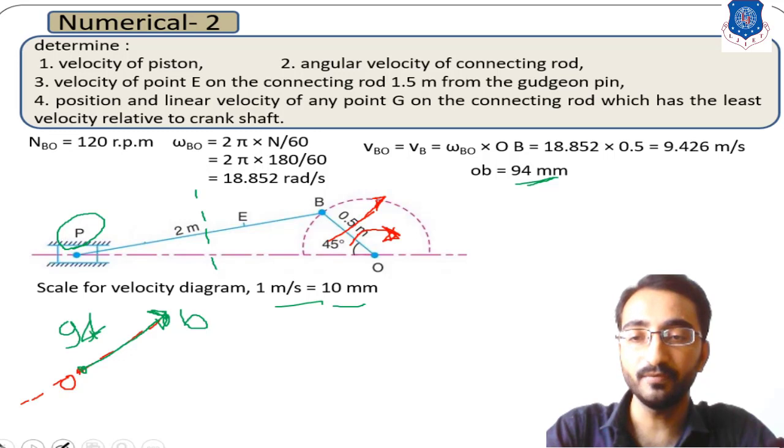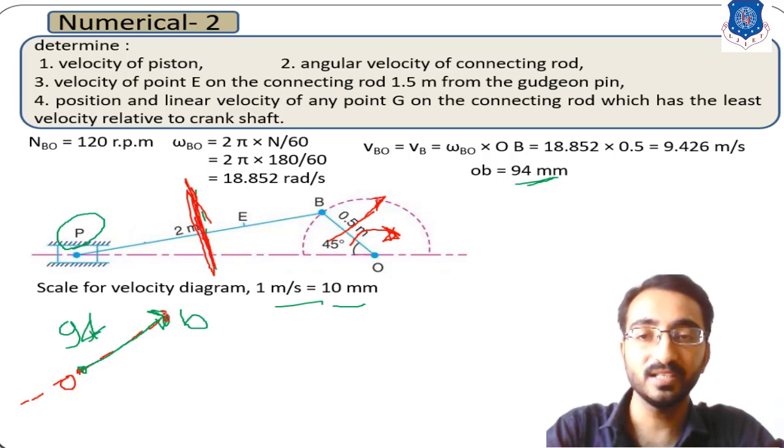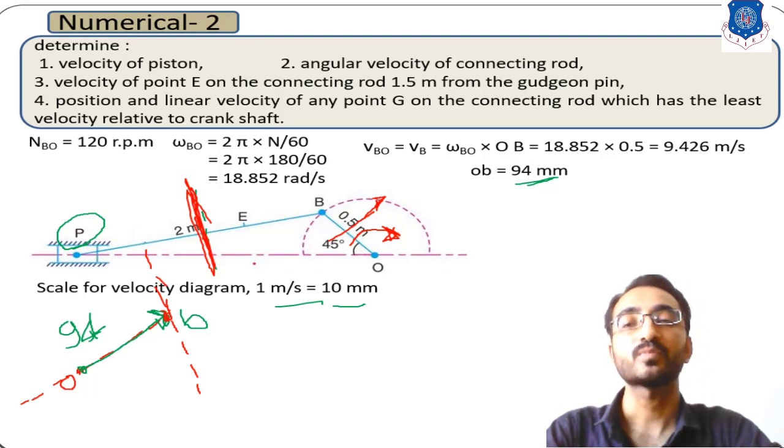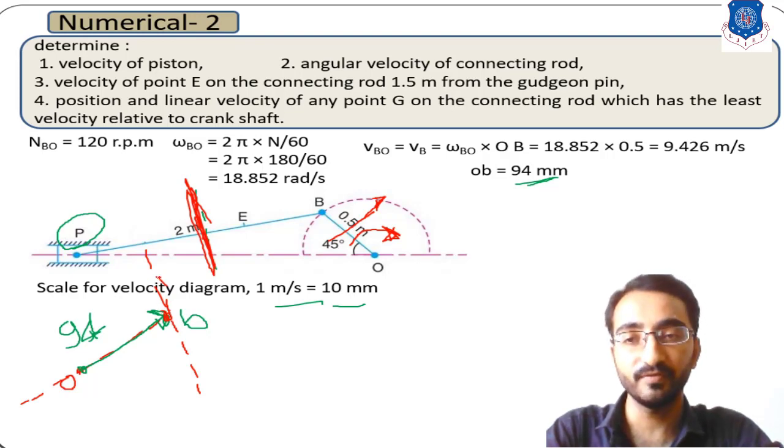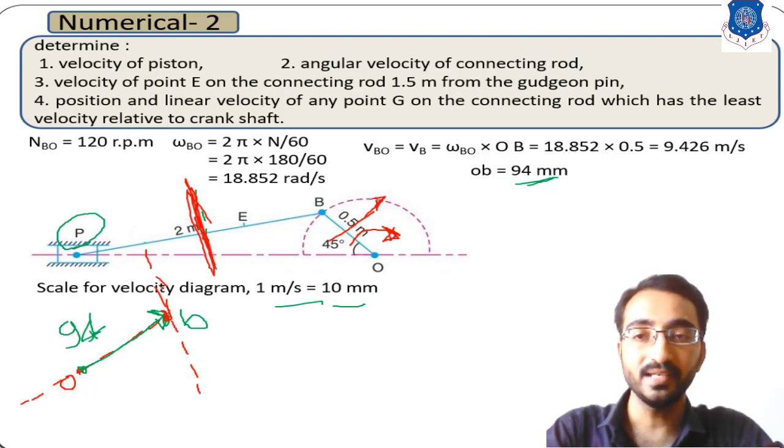Okay, so over here if you consider that the velocity is perpendicular in this way, that it is perpendicular to the line PB and passing from point B. So from point B you have to sketch one line which will be perpendicular to this line PB. Okay, now the length of this PB is not given. So over here we cannot identify that either it is in upward or in downward, but we can sketch the basic reference line in this way.